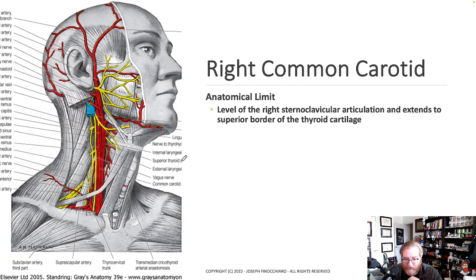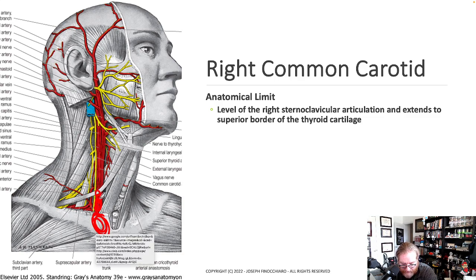So the anatomical limit: where does the right common carotid start and where does it end? It starts at the level of the right sternoclavicular articulation and extends to the superior border of the thyroid cartilage. Here is our articulation right there.